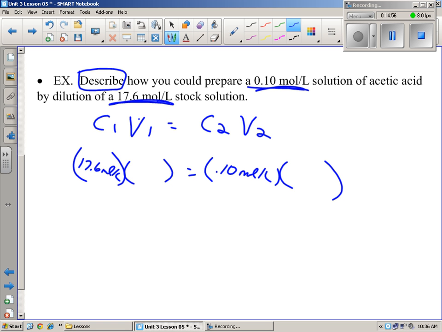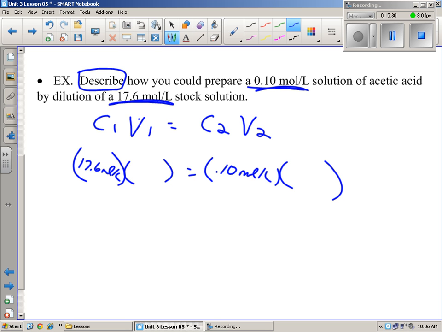Now, this is all I'm told in the question. So what am I missing? Can I do this question right now? Obviously not. Once again, if you can, let me know, because I'd like to know how. We're missing something, obviously. Just tell me what number we're missing.